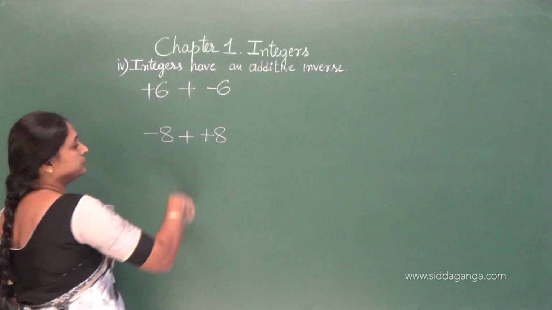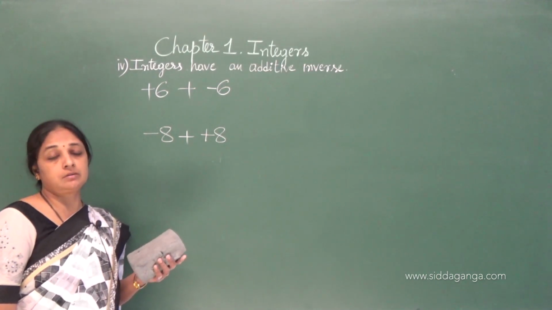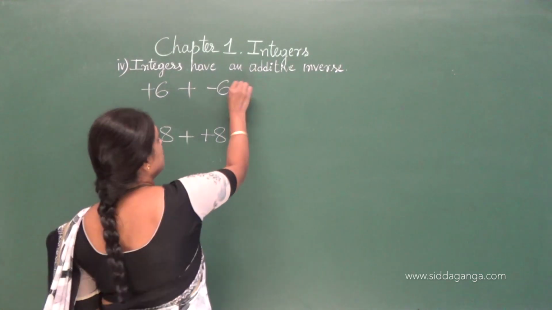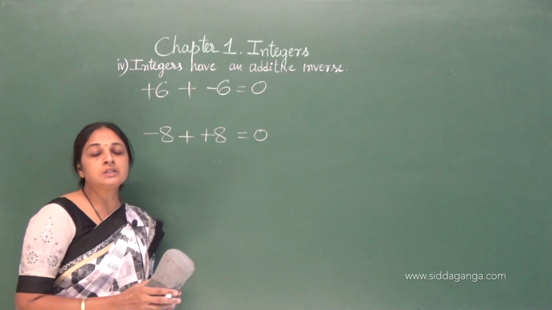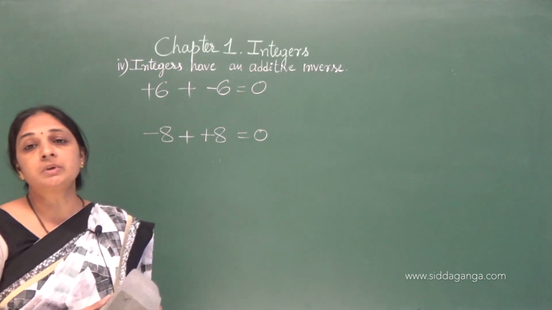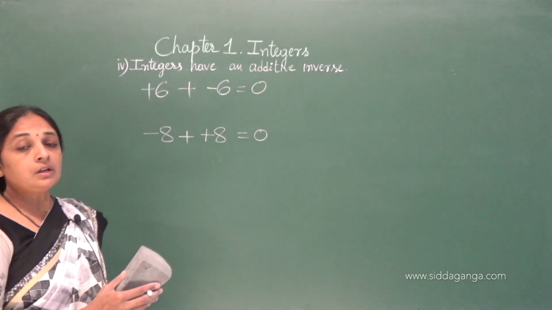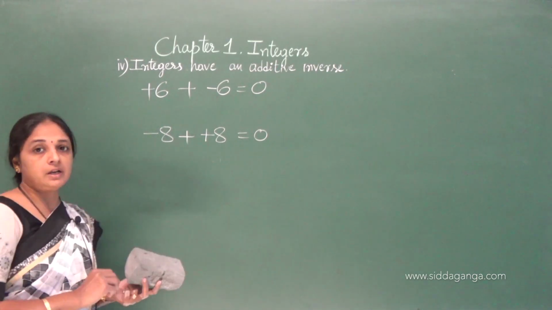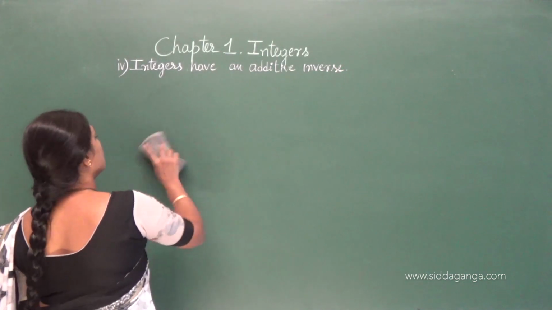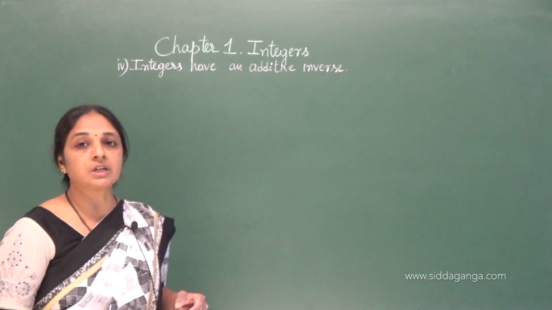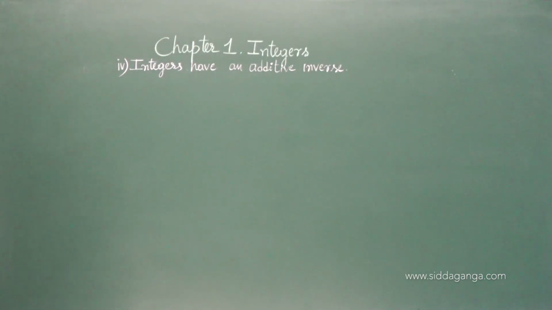When we add the additive inverse and the given number, we get 0. In natural numbers and whole numbers we don't get the additive inverse, but in integers we do. So the number which has the opposite sign of the given number is called the additive inverse.